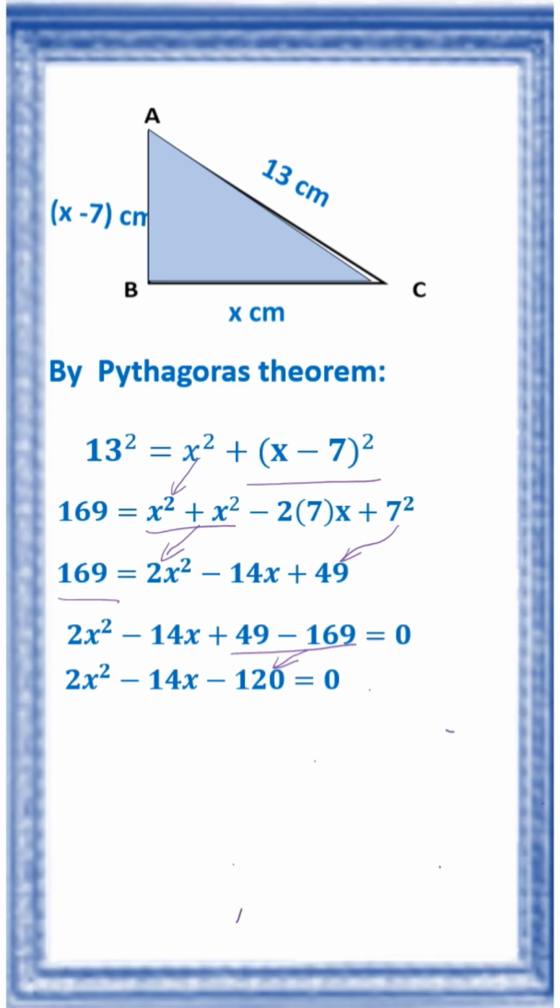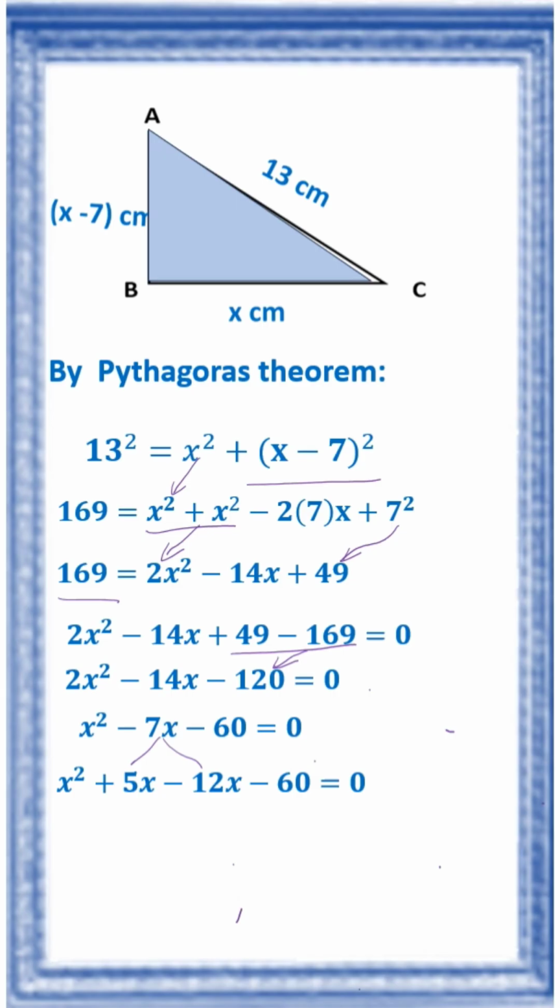Here 2 is common. Take it outside. Divide the whole equation by 2. So it is equal to x square minus 7x minus 60 is equal to 0. Now split the middle term: plus 5 and minus 12. 5 into minus 12 is minus 60.